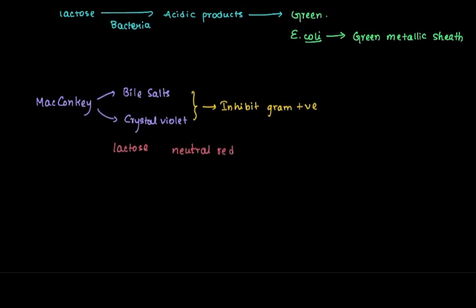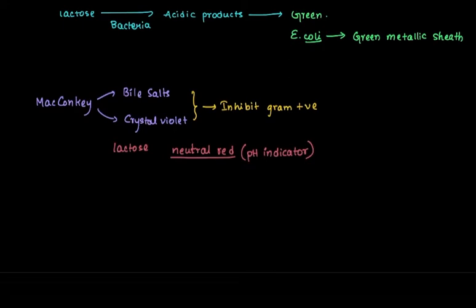This neutral red is a pH indicator. So they have lactose as well as neutral red, which is a pH indicator. And this pH indicator, the neutral red, allows the differentiation of gram-negative bacteria based on the products that they release when they ferment lactose.